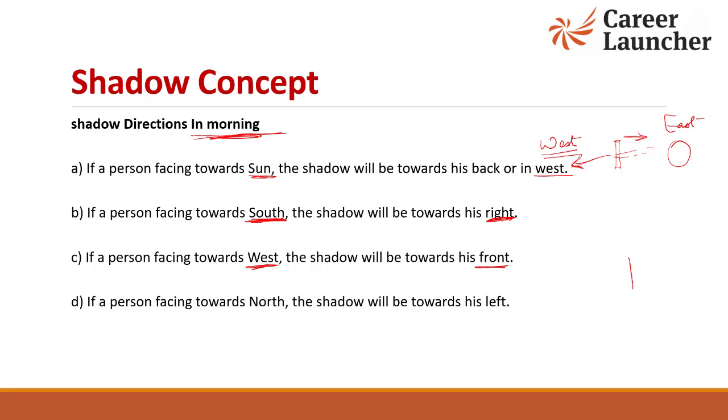If we are saying the person is facing towards west and sun is at this side, the shadow will be in his front. And lastly, if the person is facing north, the shadow will be towards his left. So you need to remember these things, that in the morning and in what is the direction in which the person is facing, accordingly we can see the shadow will be to his right, left, front or back.